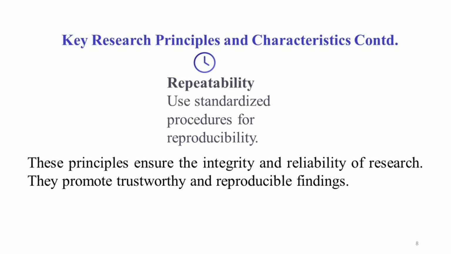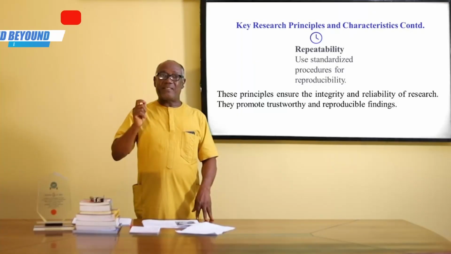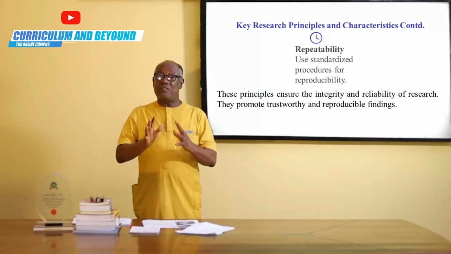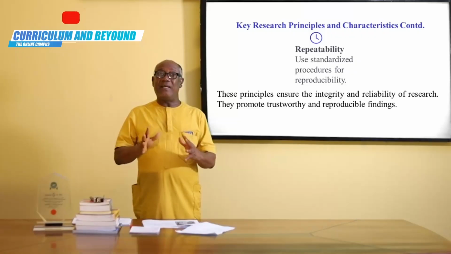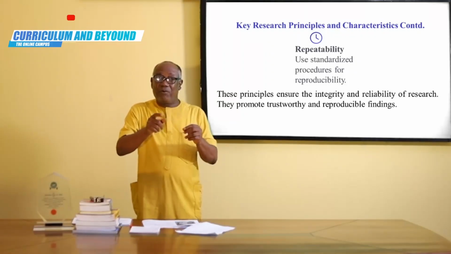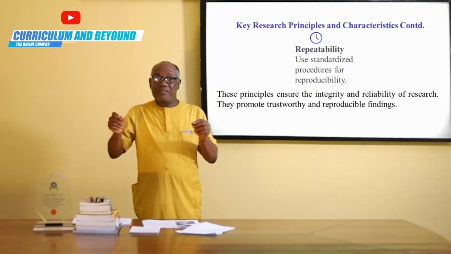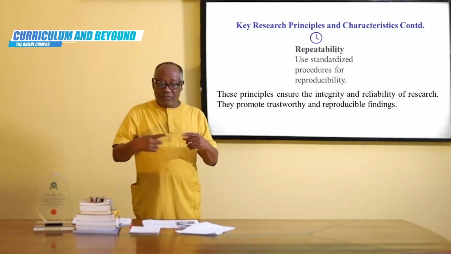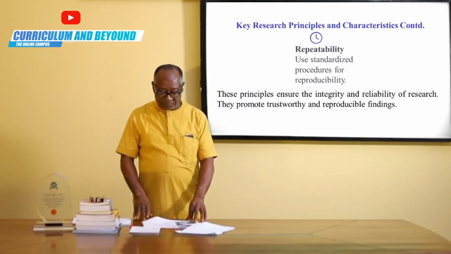The third one is repeatability. When you carry out educational research, there are steps that you must follow. These steps must be religiously followed, so that any other person who wants to carry out research can follow the same steps and do exactly what you have done before.